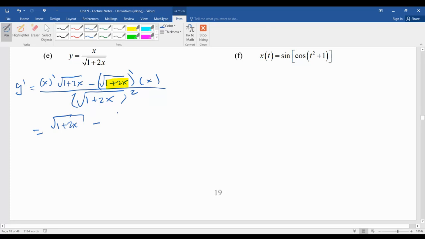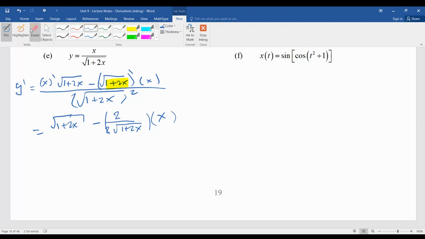Whenever you have the square root of some expression, let's just take the derivative of that expression, which in this case, the derivative of 1 plus 2x is 2, divided by 2 times the square root of that expression. So that's done, times x. Don't forget to multiply by x. Okay, good.